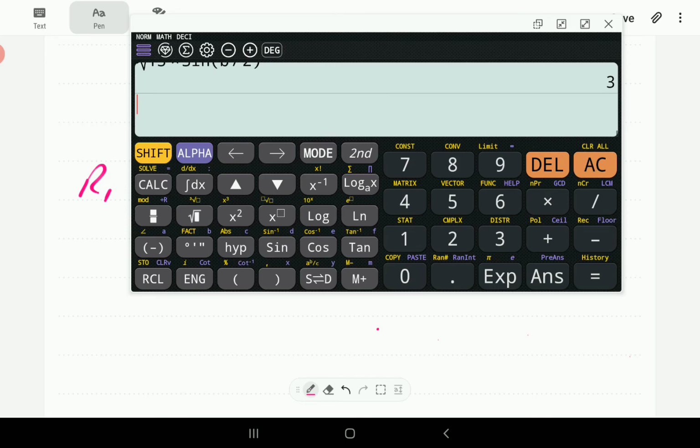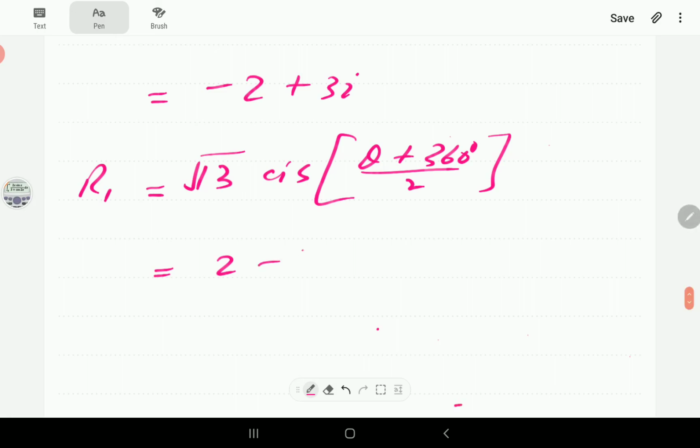So it's going to be square root 13 times sine of open brackets b plus 360, then divided by 2, and that gives us negative 3.